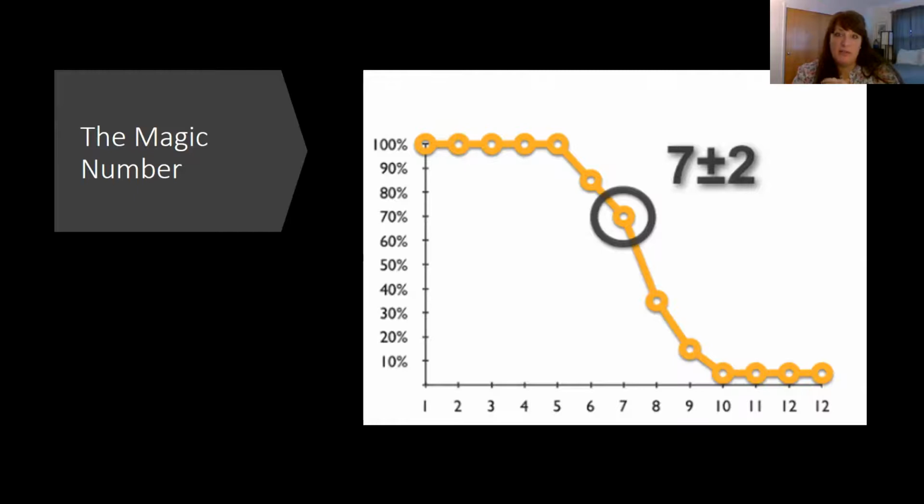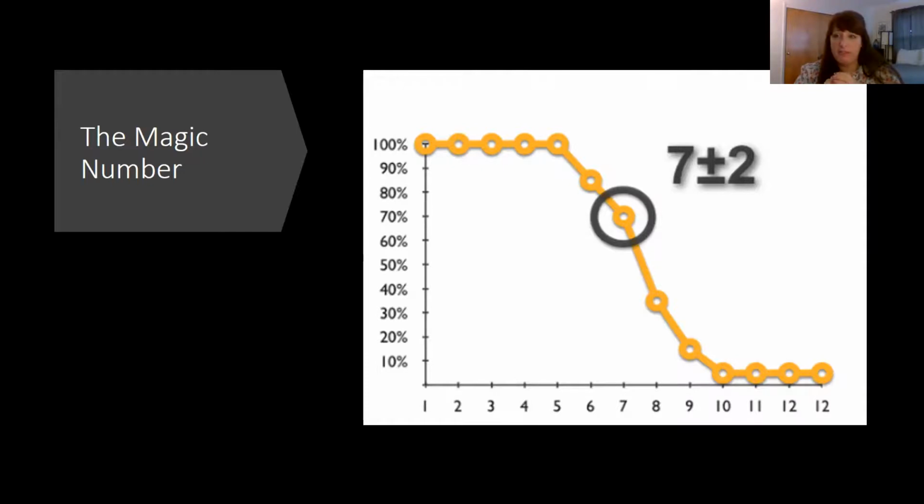It's been put forth since the 1950s by a researcher named George Miller that 7 is the magic number we can hold in our short-term memory, 7 items plus or minus 2. Most adults have a digit span of about 5 to 10 numbers, but the average is about 7, which is why the magic number appears to be 7.